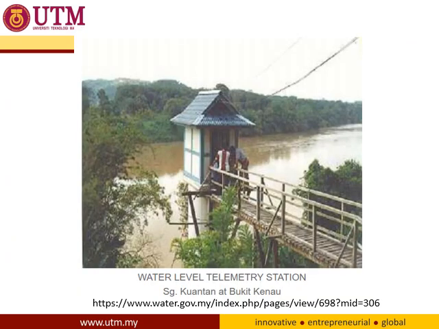This is another water level telemetry station near a river, in Sungai Kuantan at Bukit Kenau. This is also a Department of Irrigation and Drainage station. In Malaysia, usually it is from the Department of Irrigation and Drainage. They have a large network of water level stations because they are the ones who monitor the drainage of Malaysia, so the water level stations are usually owned by them.